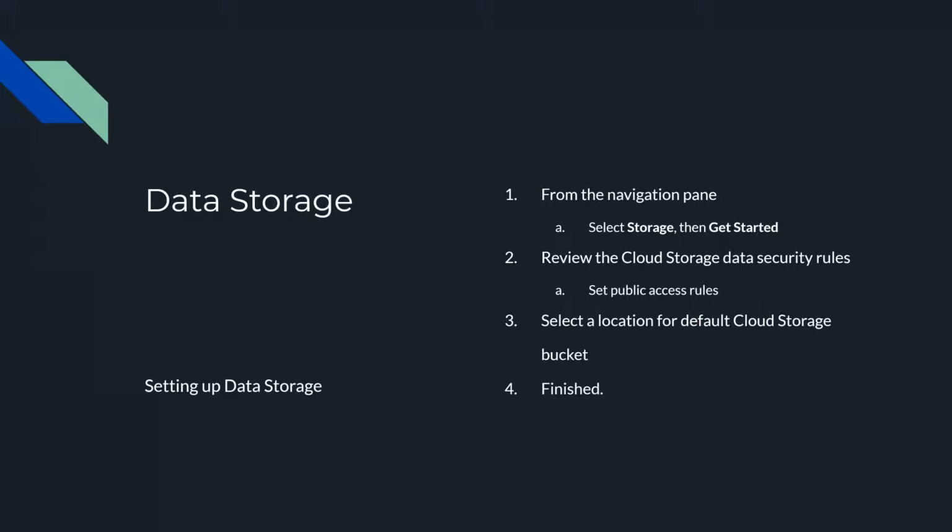This will be known as your project's default Google Cloud Platform or GCP resource location. If for whatever reason you cannot select a location, it means that your project already has a default GCP resource location. After you select the location for your default cloud storage bucket, you are finished setting up the data storage.